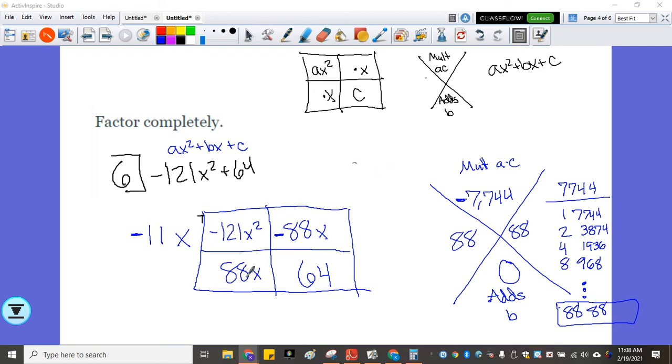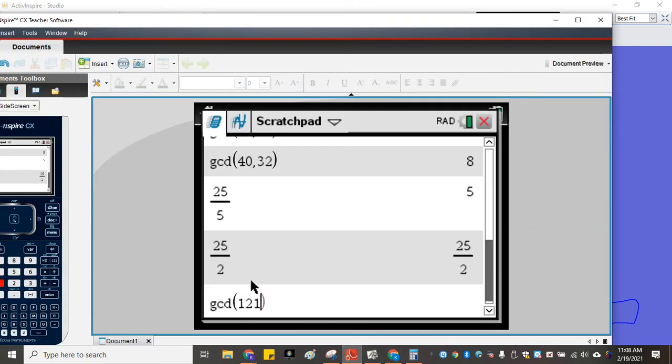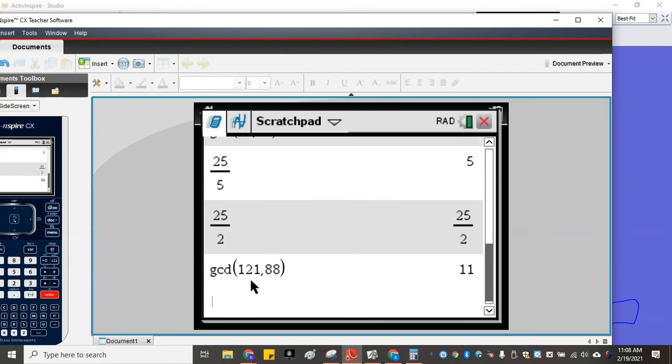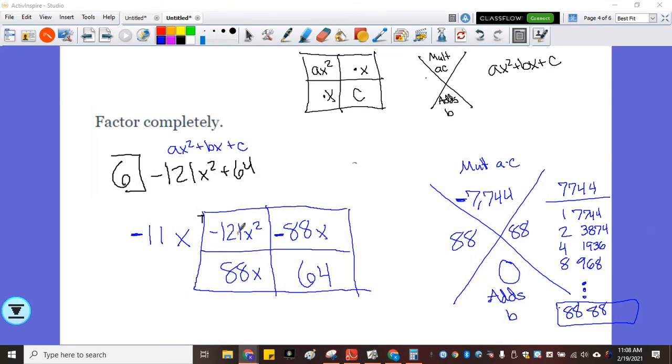Didn't we already do this? They don't have a negative in common. This one's negative, this one's positive. They do have an x in common. What is x? Oh, what is the one? You're right, it's just one.